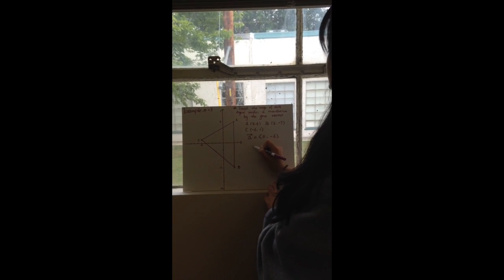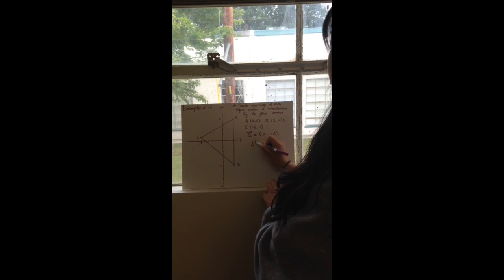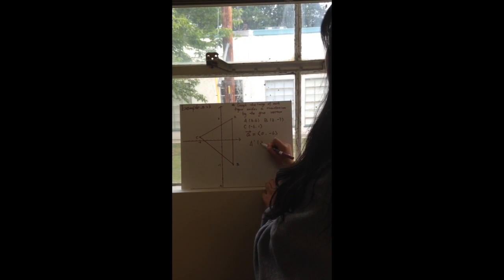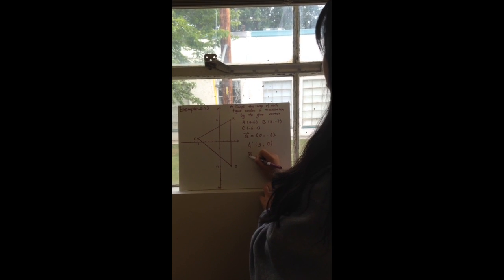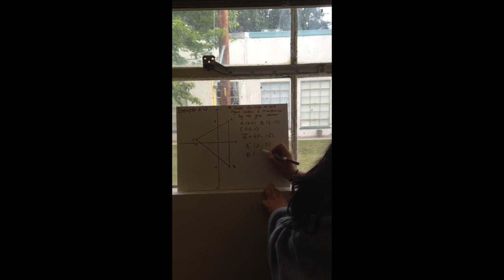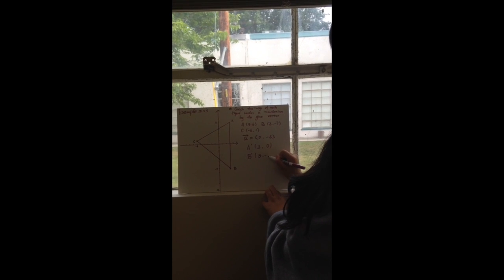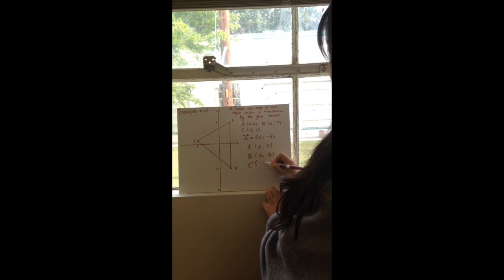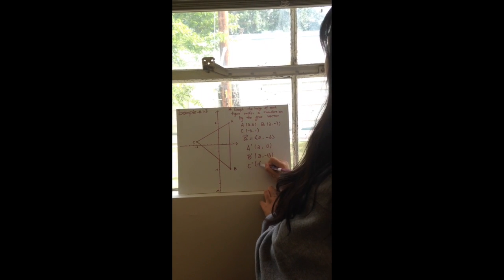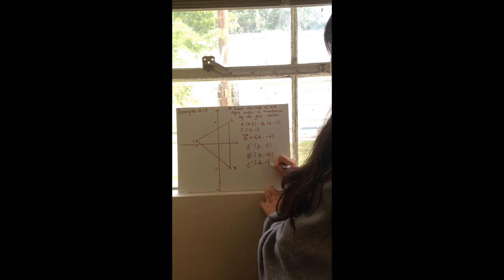And here A prime is 3, 0, B prime is 3, 13, and C prime is 5, 6, 5.